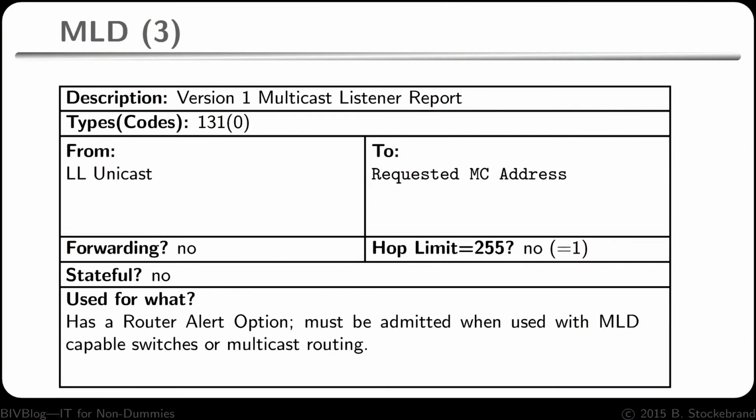The addresses again are different. And then there's multicast listener done. Yet another address. It goes to the all routers link local multicast address. And in theory, these could be stateful if there's ever any implementation that actually deals with this sort of state.